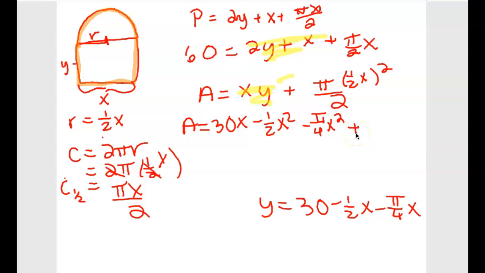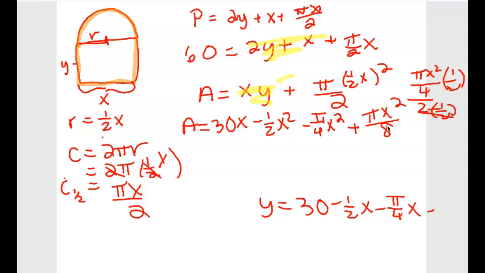If you distribute that squared, that became 1/4 x squared, so you have pi x squared over 4 over 2, so just over 8. Exactly, because you would multiply by half. So this is going to be plus pi x squared over 8.